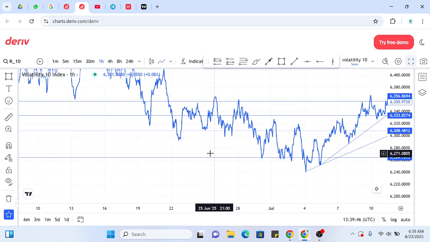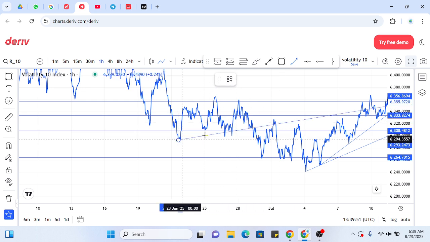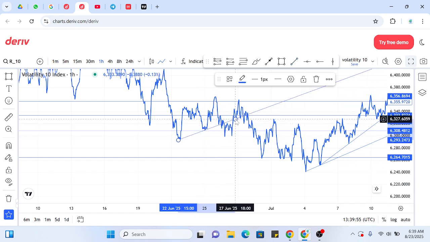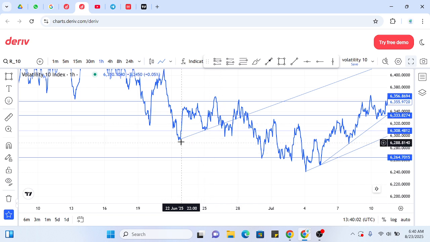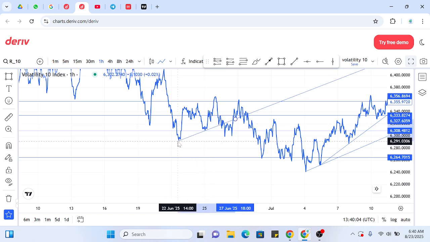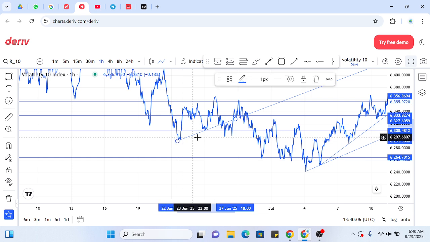Okay, so if it's this one, let's see. This one is not actually a very good one, but if you had entered here, you see it will stop you out. You lose money on this particular trade, which is fine. Obviously no trade is 100%.